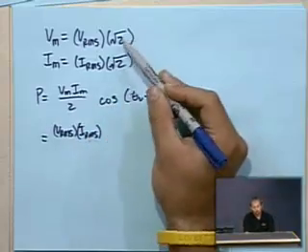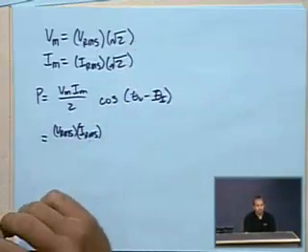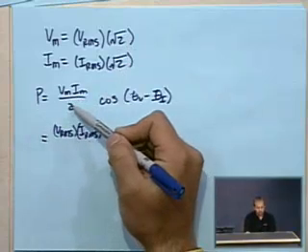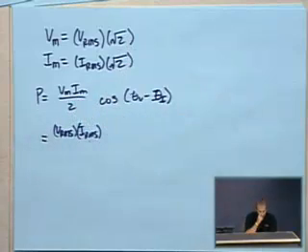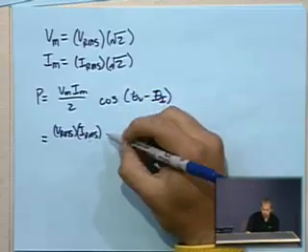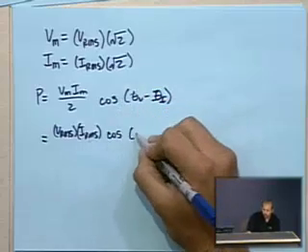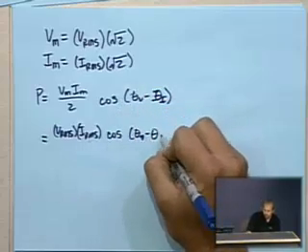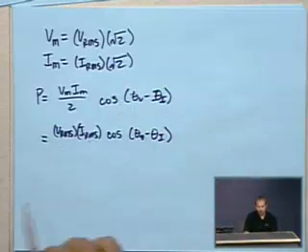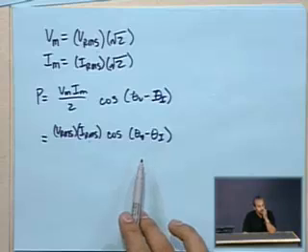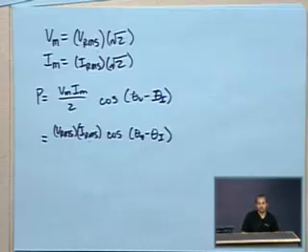And well, the square root of 2 times the square root of 2 equals 2, and that cancels out with the 2 in the denominator, and you're left with just V_RMS times I_RMS times the cosine of the phase angle of the voltage minus the phase angle of the current.